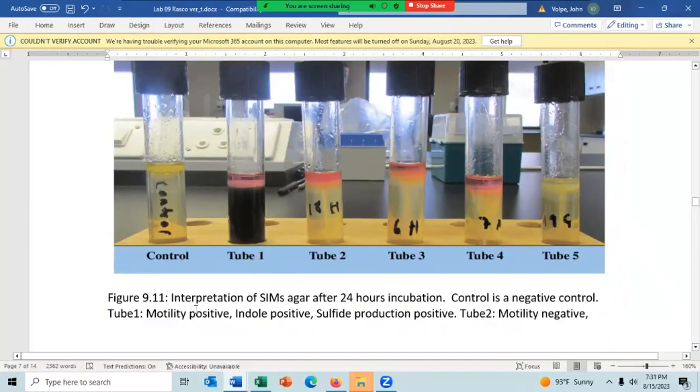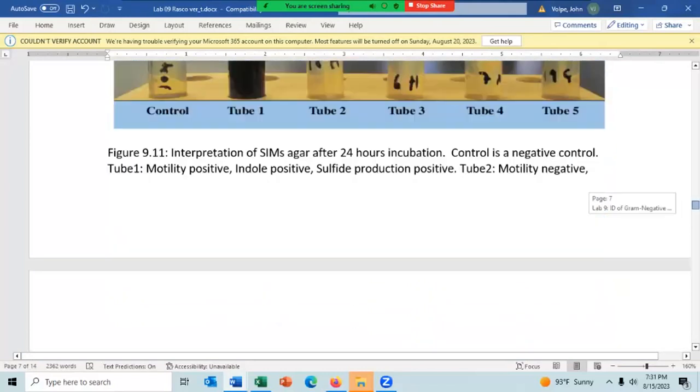Excuse me, tube 1 is motile positive. Tube 2 is motile negative. I already said that. I was just reading that wrong. Any question about that? Anyways, that's positive for hydrogen sulfide. These tubes are all negative for hydrogen sulfide because they're not black in the SIM tube.